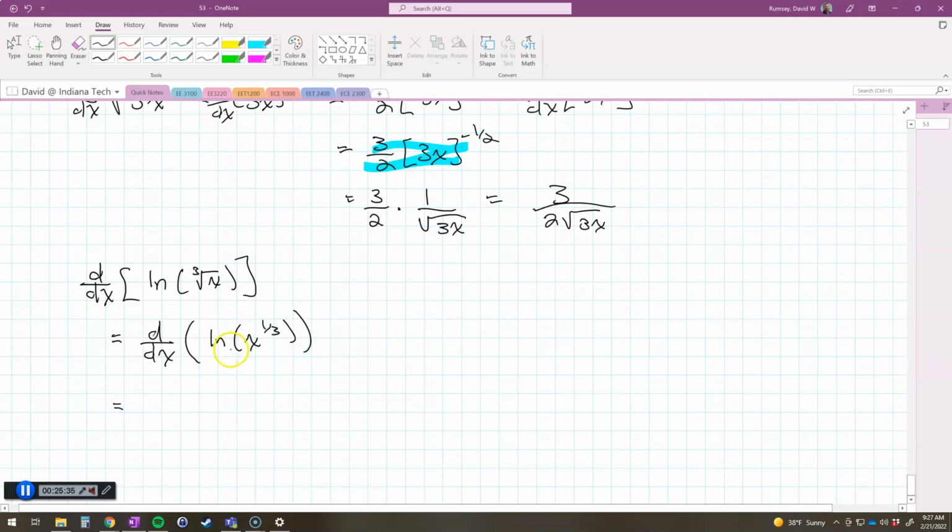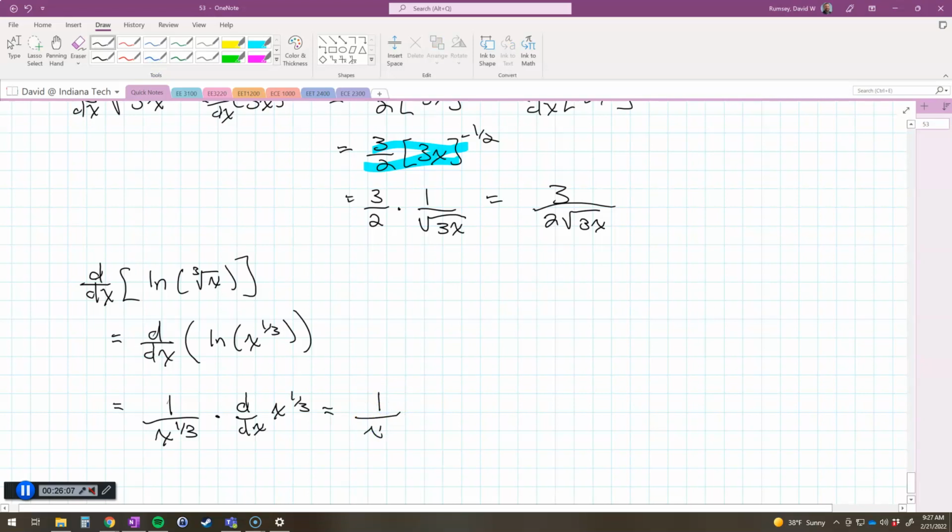So the derivative of natural log is 1 over x. So we get 1 over x to the 1/3 power times the derivative of what's inside. So what's inside is x to the 1/3, sorry, I just keep getting ahead of myself here, trying to make this quickly, and I jump ahead.